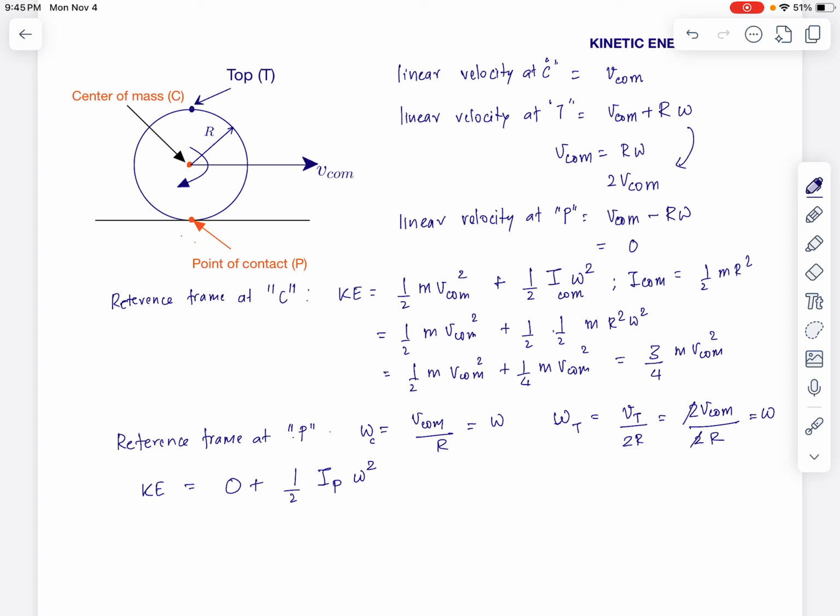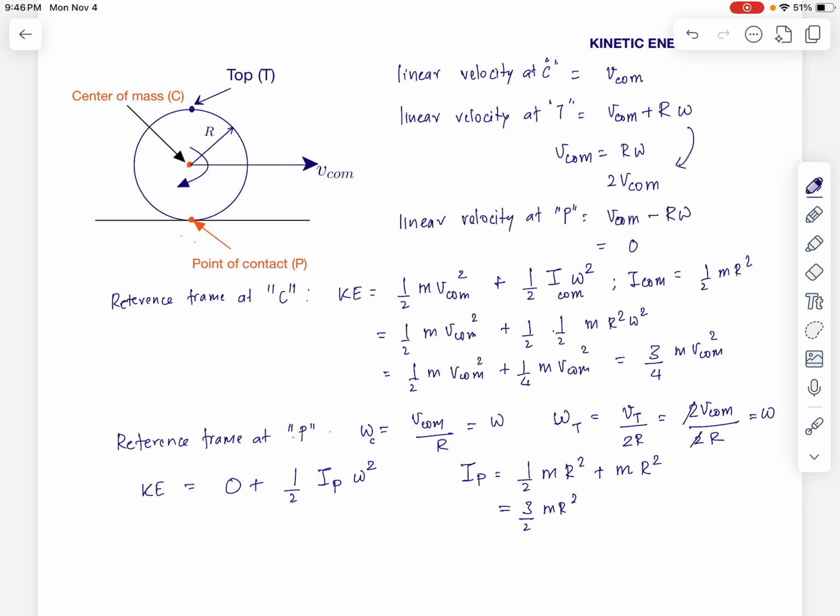By the parallel axis theorem, I at point P equals half m r square plus m r square, because we have moved the axis of rotation from here to here, and this distance is r. That is nothing but 3/2 m r squared.